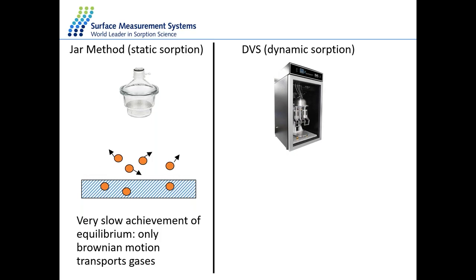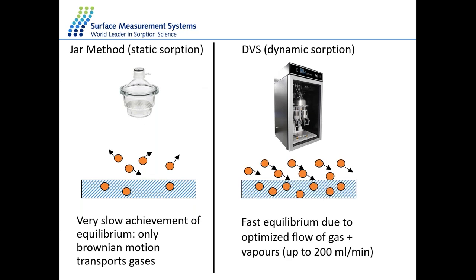The equilibrium condition is established in a jar by diffusion, which is a static process. So the molecule migrates only pushed by a static condition from the chamber, from the inside of the desiccator to the sample itself. In a dynamic vapor sorption, as the name says, dynamic indicates the fact that the solvent molecules that we're using are pushed on the surface of the sample by a carrier gas, by a constant flow.